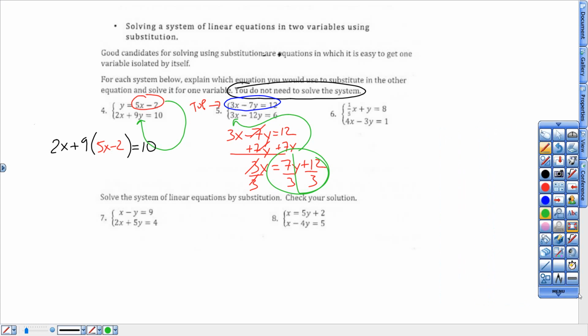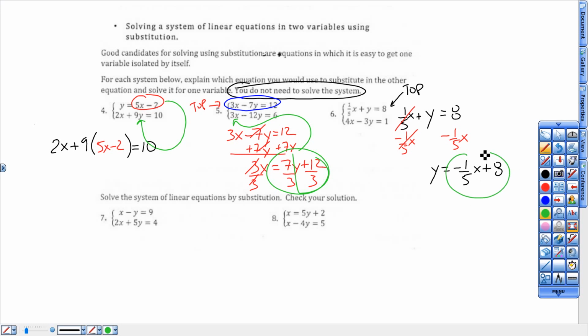All right, this next one here, I would say definitely that top one. Looks like I could easily solve that one for y. If I use my glasses here so I can see, that looks like negative 1/5. So I'm pretty sure you're going to solve that top one for y and plug that y into the other equation's y.